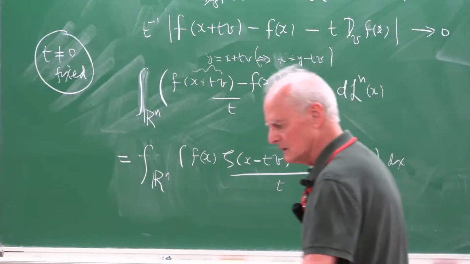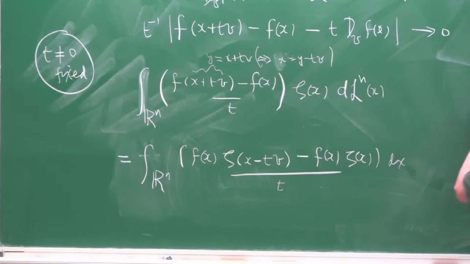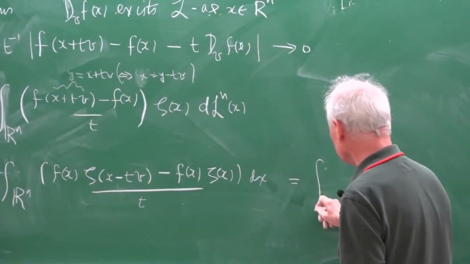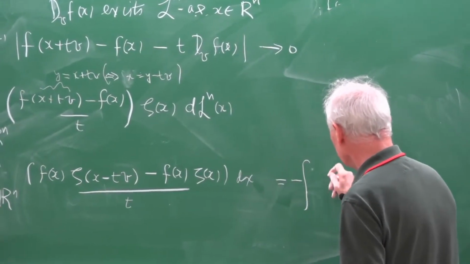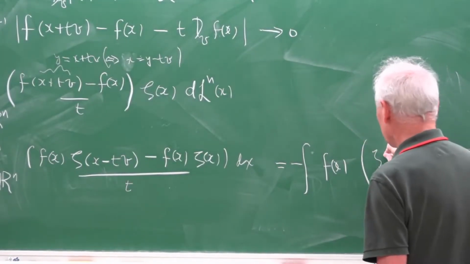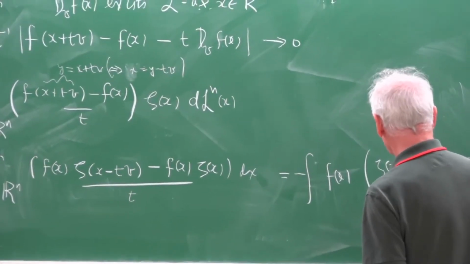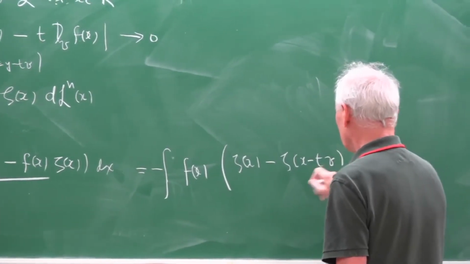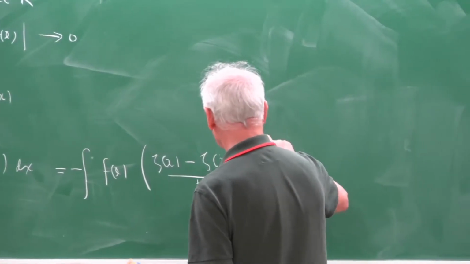And notice that there's a common factor of fx here. So this can be written as minus the integral of fx times zeta x minus zeta of x minus tv, all over t.